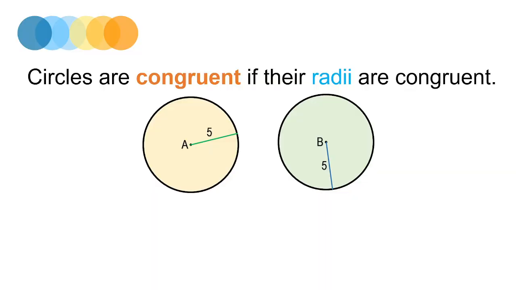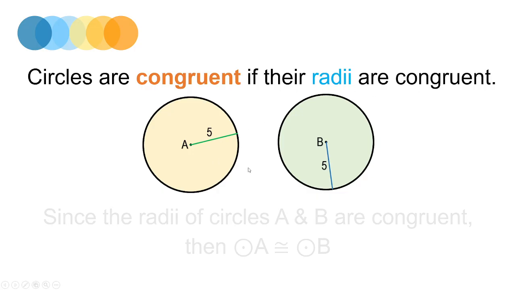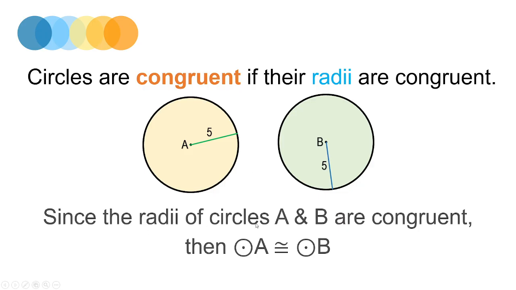First and foremost, we need to know that congruent circles exist if their radii are congruent. As you see here, the radii of circle A, the yellow circle, with radius 5 in measure, and another circle B, the green circle, again with radius of measure 5, are congruent.